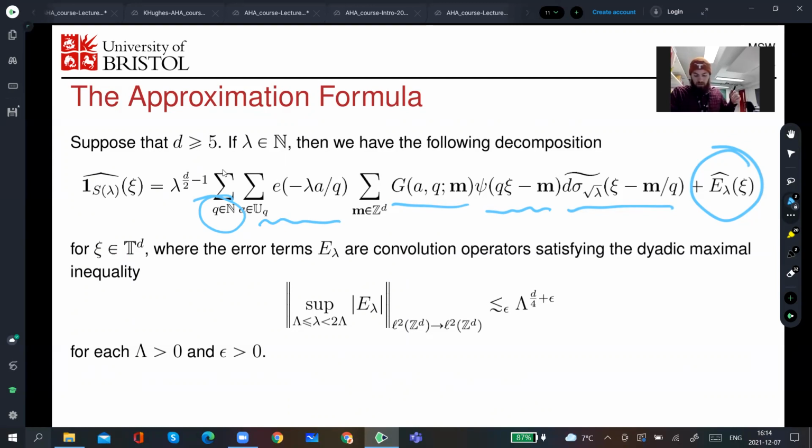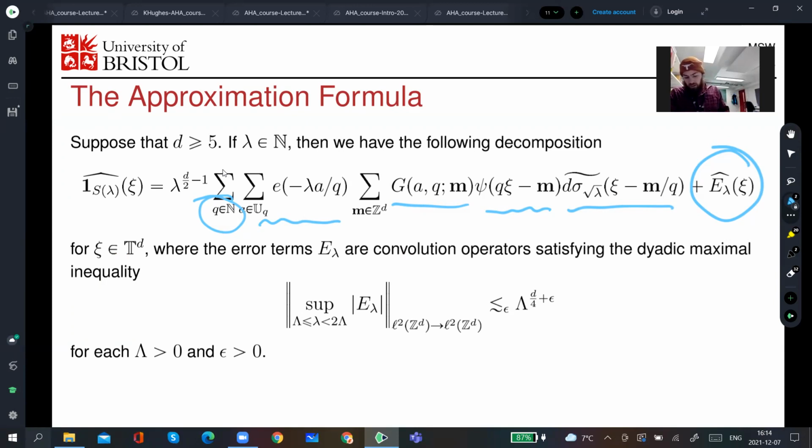Now, what we spent all of last week doing was showing that the error term satisfied the following bound. As an operator itself, since I've defined it as a Fourier multiplier, by doing the inverse Fourier transform it becomes a convolution operator. And on L2, we have the following bound.